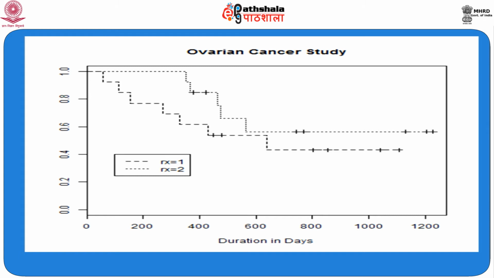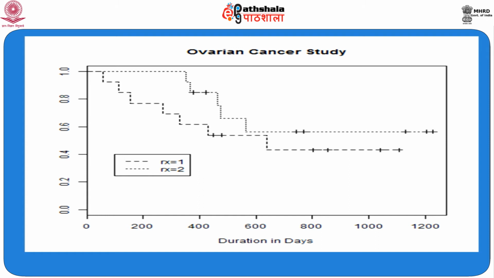So these censored observations are shown by cross marks in both arms, and the step functions show that when the event happens, that is death, the survival curve reduces from one step to another.